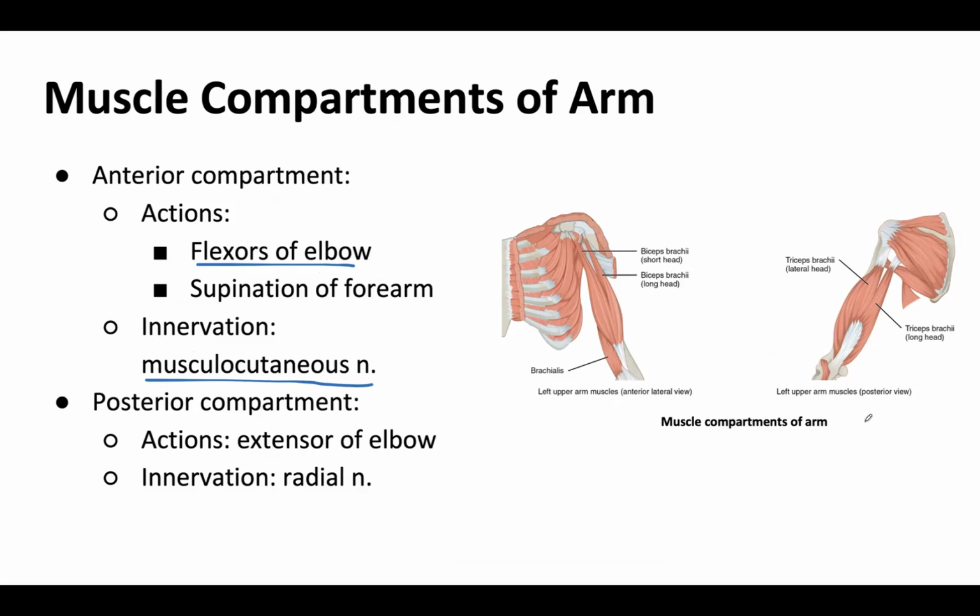The posterior compartment of the arm has a large muscle, which is the primary extensor of the elbow, and it is innervated by the radial nerve, which is another terminal branch of the brachial plexus. In fact, this nerve is the largest branch of the brachial plexus because it innervates all of the posterior compartments, so both the arm and the forearm.